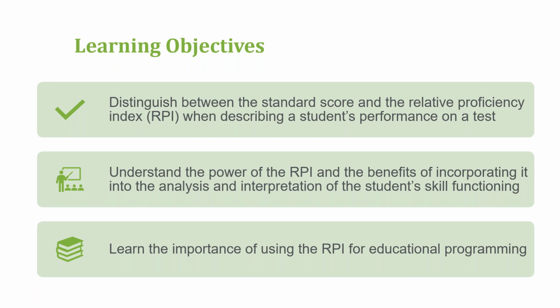It is a very unique and powerful lens through which we can view a student's performance, and understand the benefits of incorporating it into your analysis and your written report, as it provides a different way to understand a student's skill functioning. And then learn the importance of using it for educational programming.